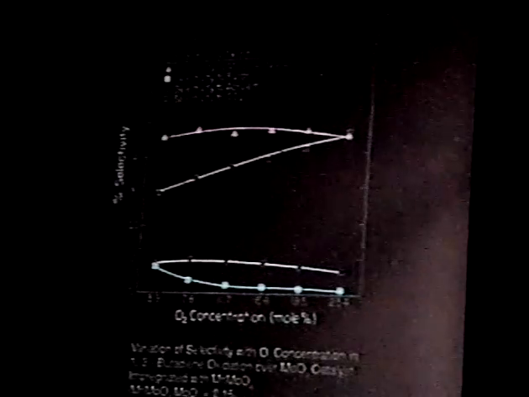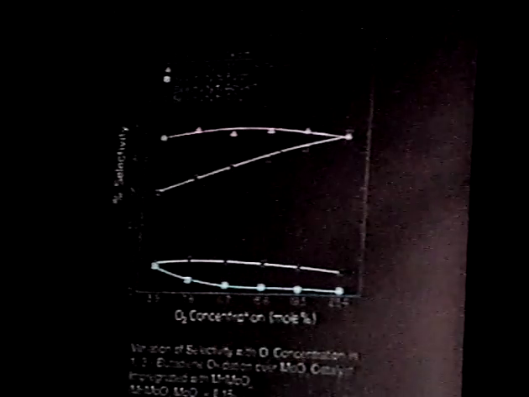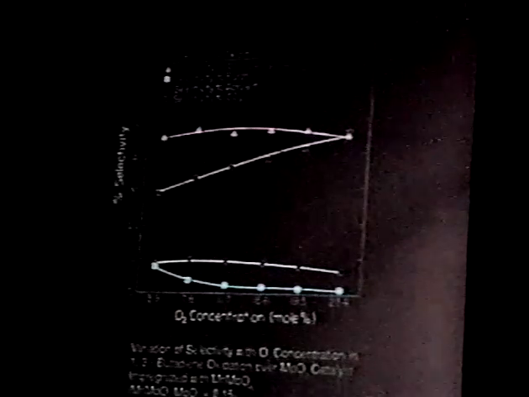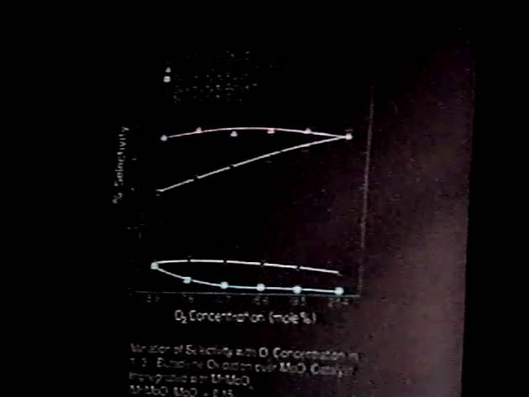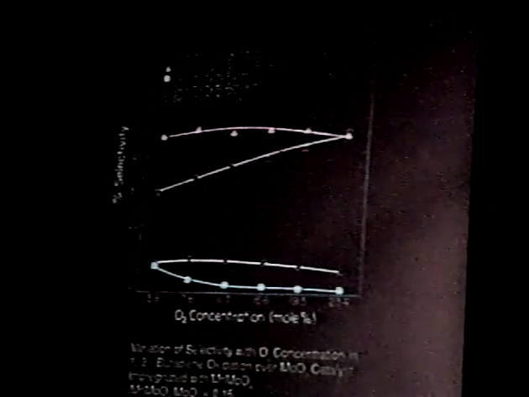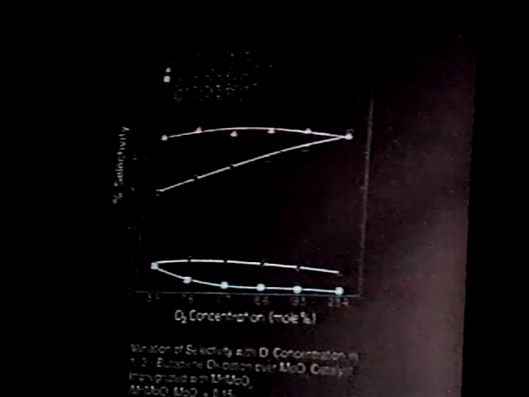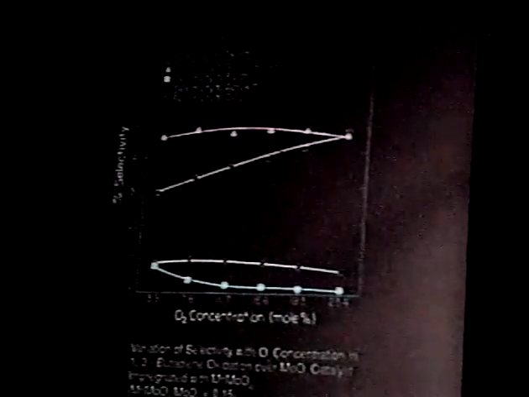Now, when we use 1,3-butadiene as the feed material, one of the important things we observe is that selectivity to maleic anhydride gets fairly high, and it is the major reaction product throughout the oxygen concentration range that we looked at. At rather high oxygen concentrations, the carbon dioxide catches up with it and gets increasing, and one can probably safely speculate that if we increase the oxygen concentration further, carbon dioxide would become the major reaction product.